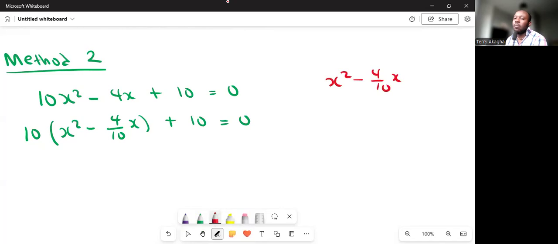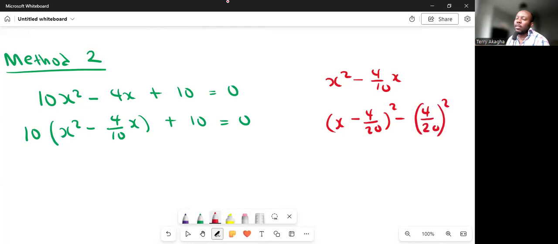I told you, open two brackets. You have x, the half of this is going to be minus 4 over 20 all squared. Then you minus the half number you had, which is 4 over 20, but you then square it.